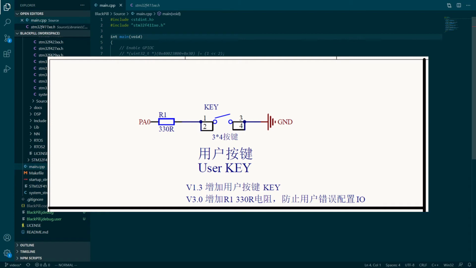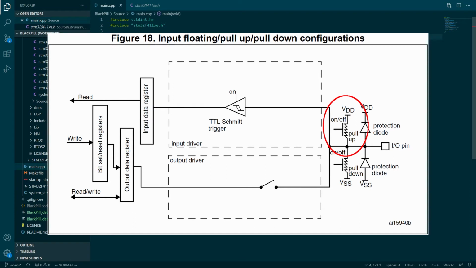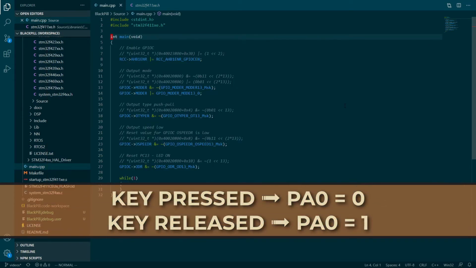And now the question is, what is the input state when the key switch is released? There is nothing between the switch and the input that can set the state to high, and that's where the pull-up register comes in. By enabling the pull-up register, we get a high state on the input whenever the switch is released.